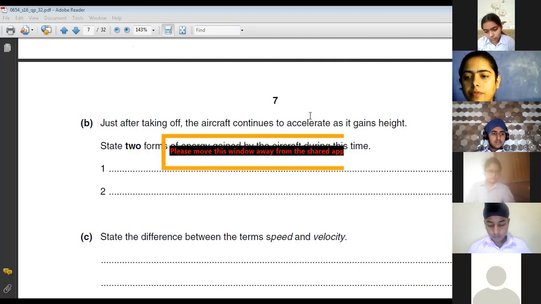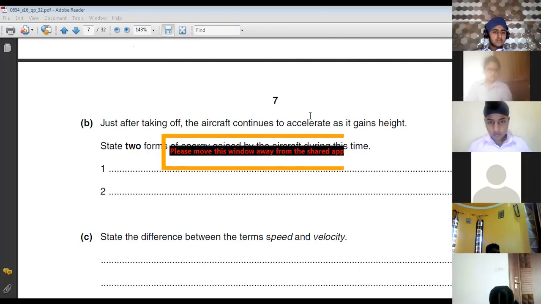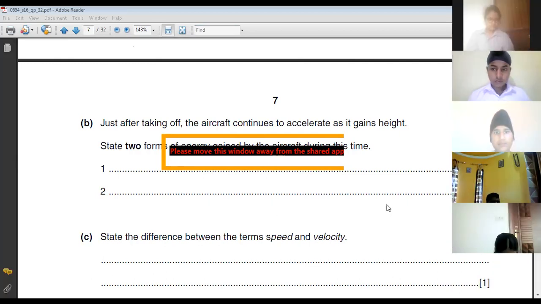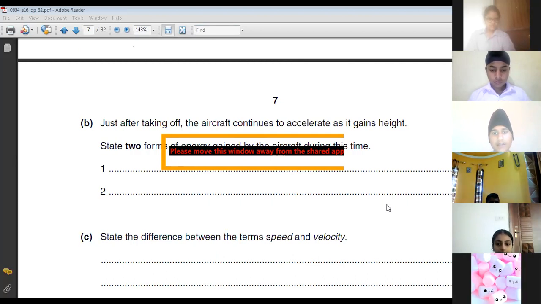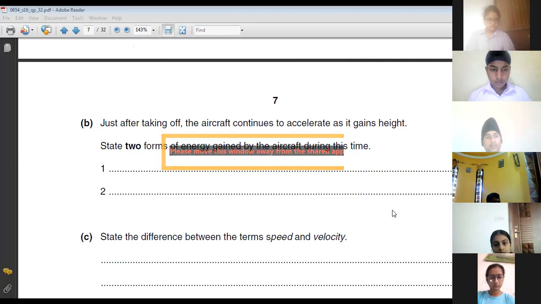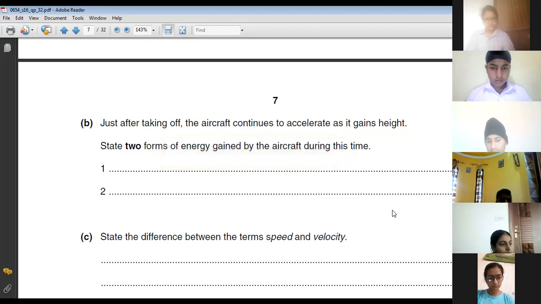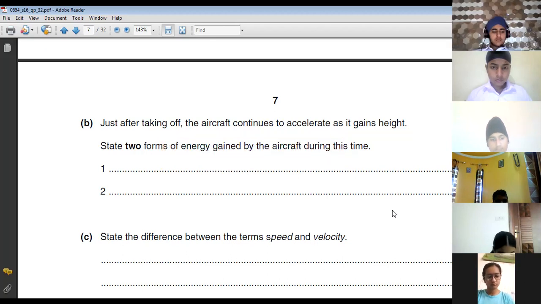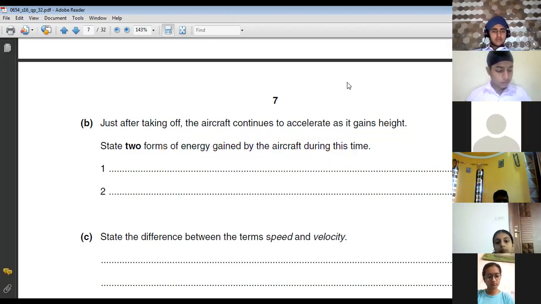Harkirat, one more difference: speed can be in any direction but velocity is in a straight line. Okay, very good. Velocity can be negative too. Harkirat, your turn, please. Velocity is in one direction, speed can be in any direction, velocity follows one particular direction.